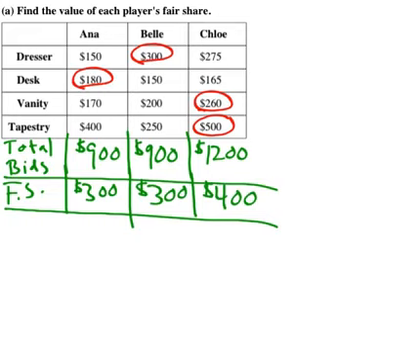So to answer part C, the results of the first round, we have to now find the inequity. Anna is entitled to $300, but she's only getting $180 in goods. She expects $120 in cash.